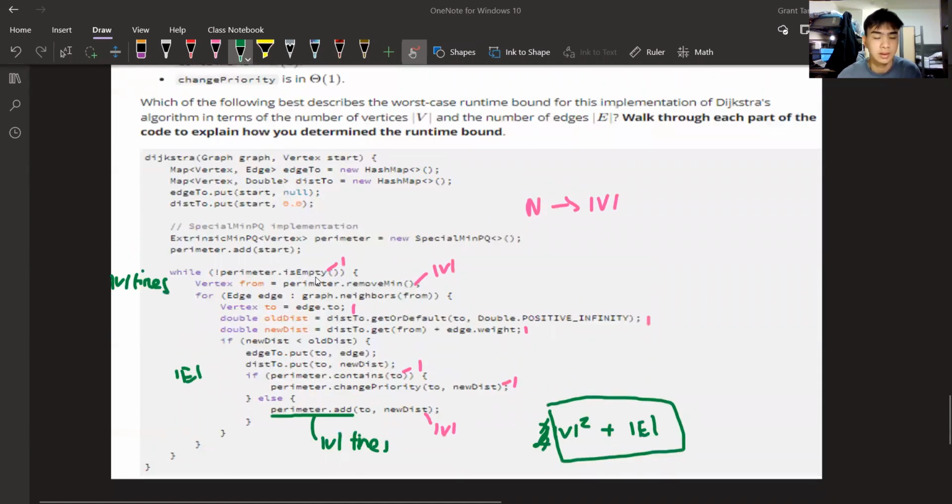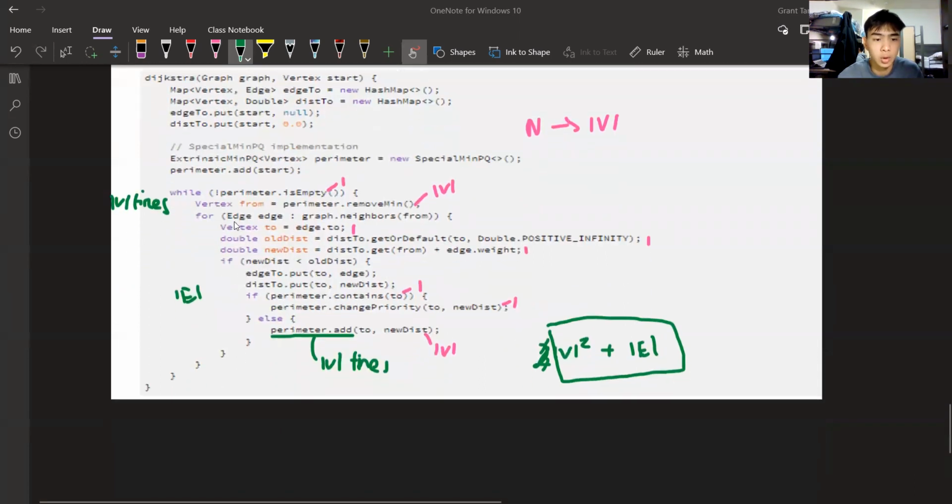Then I want to figure out how many times I'm going to execute the statement. For this statement, the remove min, how many vertices am I going to check? I'm going to check all the vertices, right? So I'm going to run it v times. So this will run v times, and we have v times v, which is v squared.